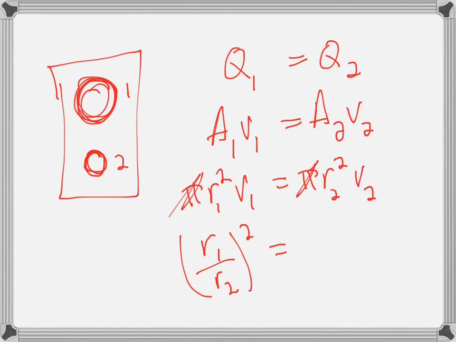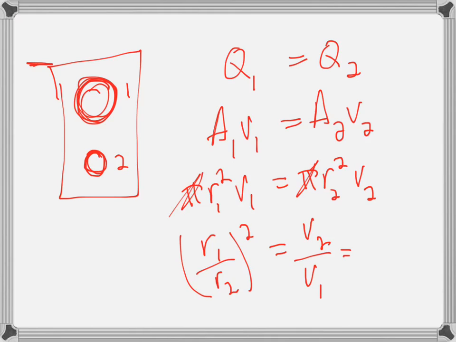would equal, let's see. What are the velocities? Well, the velocities are the efflux velocities, based on how far they are below the surface. Okay, so let's just keep going. Let's just do V2 over V1.